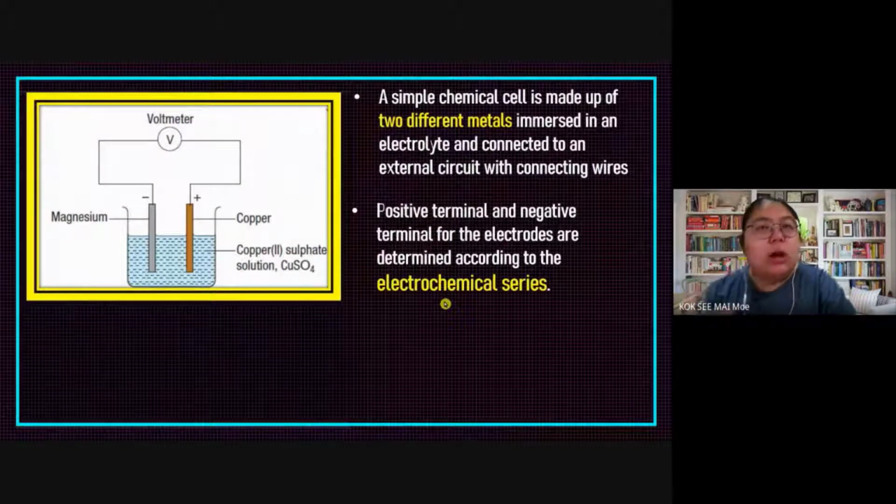So the top 5 you must remember. Please is potassium. Stop is sodium. Calling is calcium. Me is magnesium. Careless is aluminium. So the top 5 you must remember: potassium, sodium, calcium, magnesium, then aluminium.